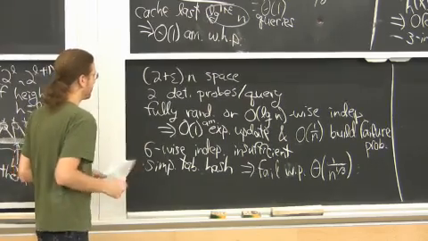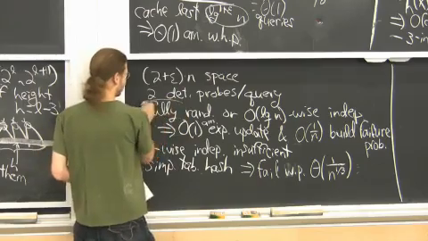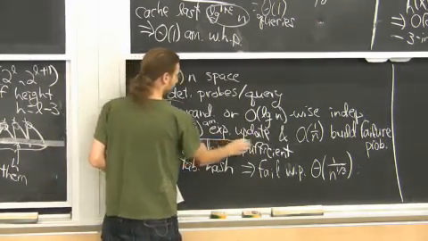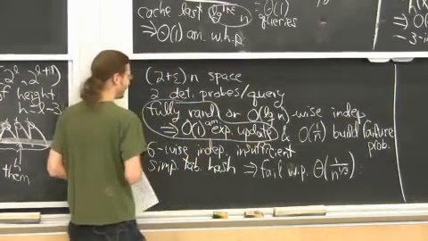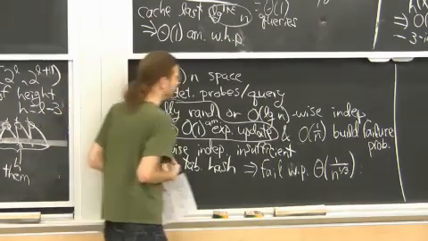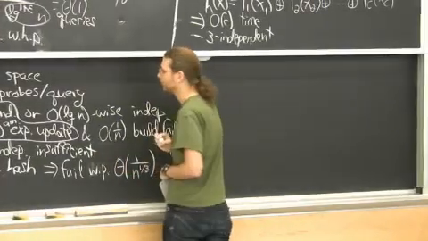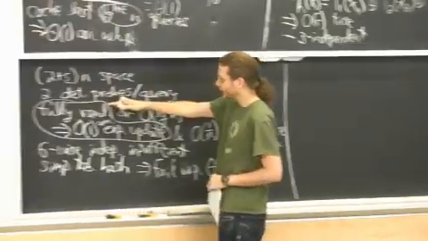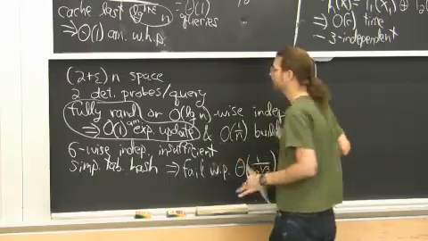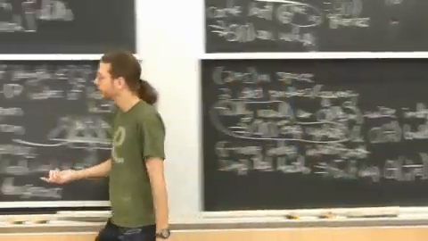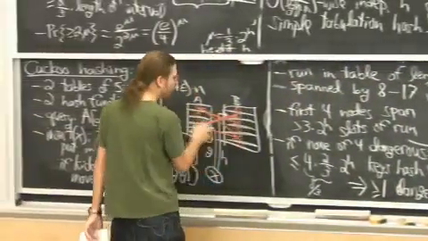So I do have a proof of this one, or part of a proof. Let me give you a rough idea how this works. If you have a fully random hash function, the main concern is what if this path is really long?